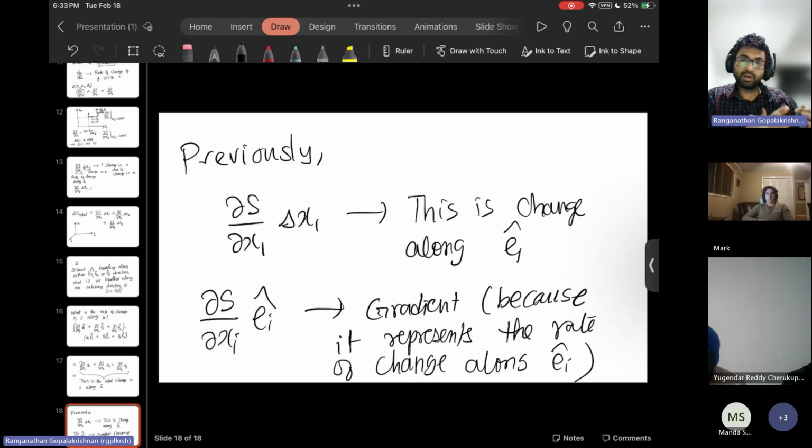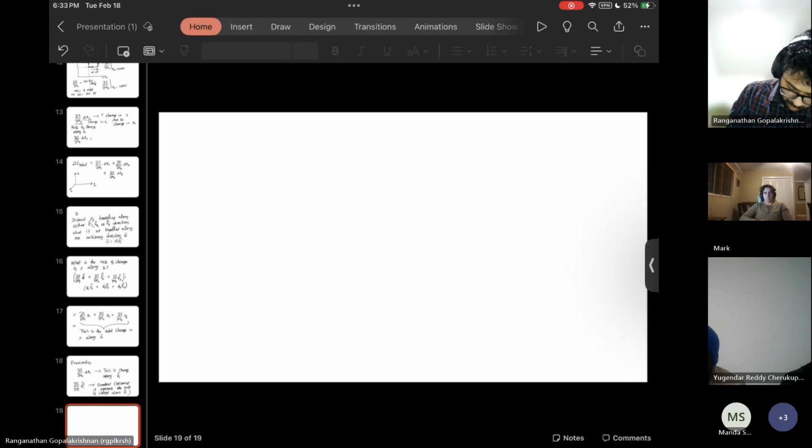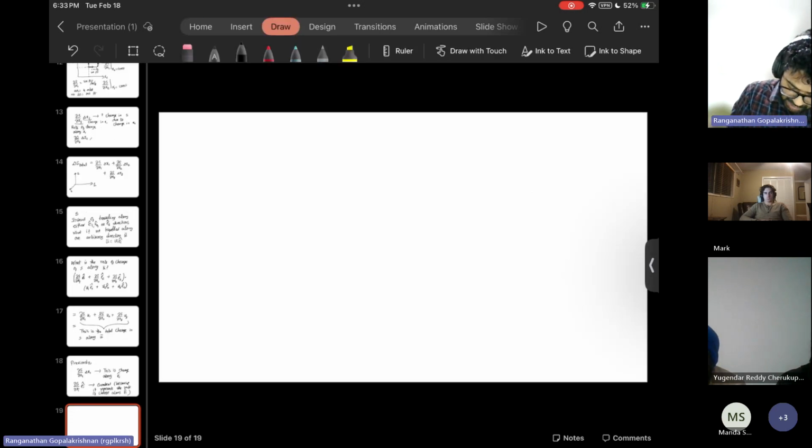And when you project it onto an arbitrary direction, you end up with ds over du, which is gradient of s dot u.